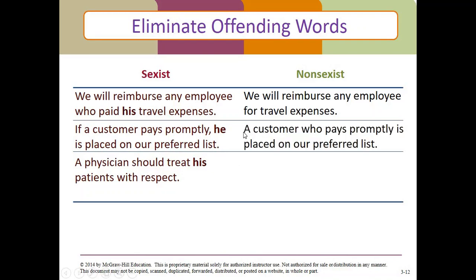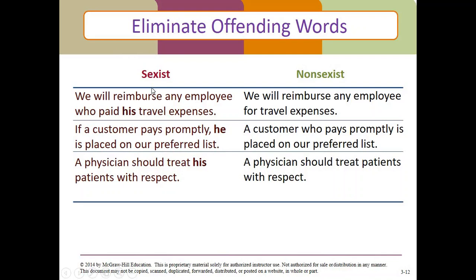Now let's look at the second example. A customer who pays promptly is placed on our preferred list. This sentence doesn't include any sort of he or she, so the sentence becomes gender neutral. So this is how you should write sentences with gender neutral words.